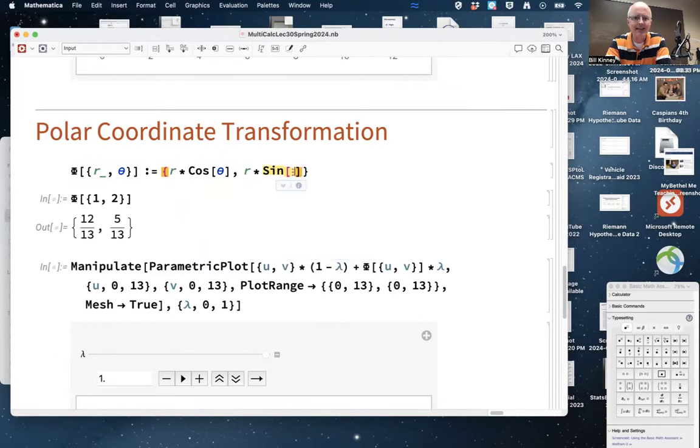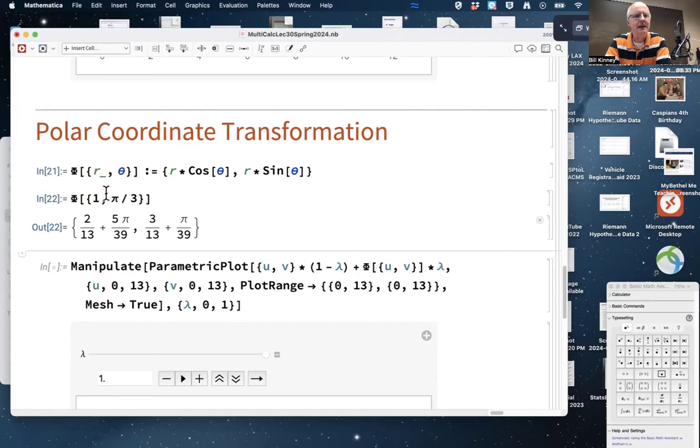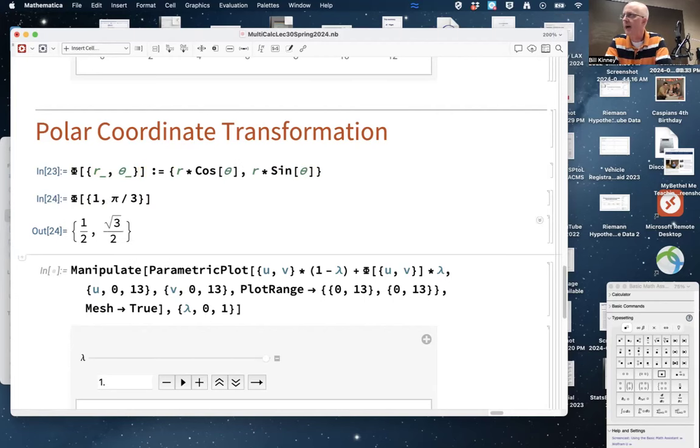R times sine theta is y. Enter that. You know, for example, if r is 1 and theta is pi over 3, then, oops, that's not right. I need an underscore there. There we go. 1/2 and square root of 3 over 2 are x and y.